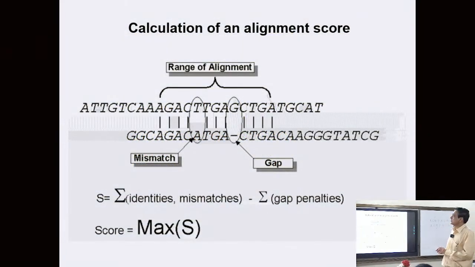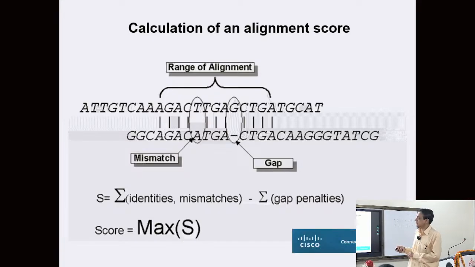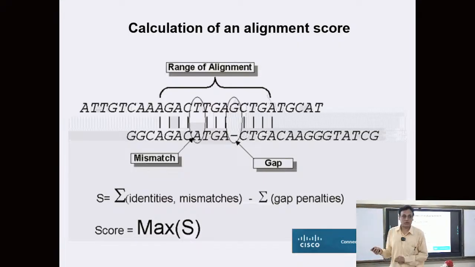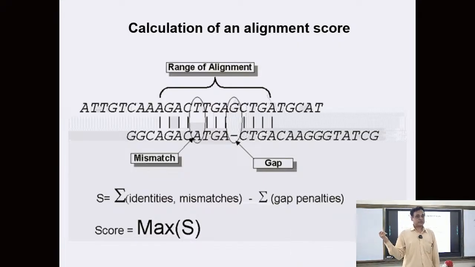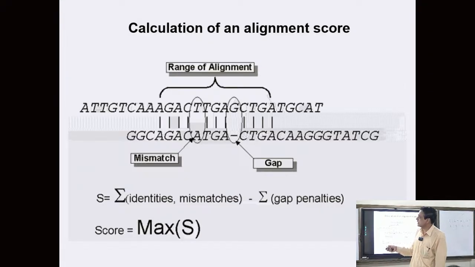So let's look at this example, alignment of two DNA sequences, and you can see that there are matches. Matches means identical residues or nucleotides aligned with each other. Okay. So for example, G aligned to G, that's an identity or a match.